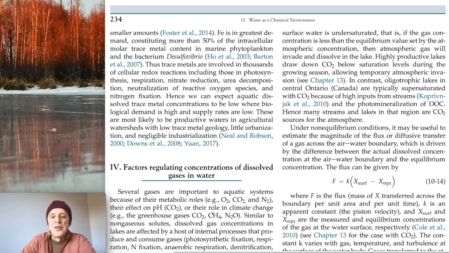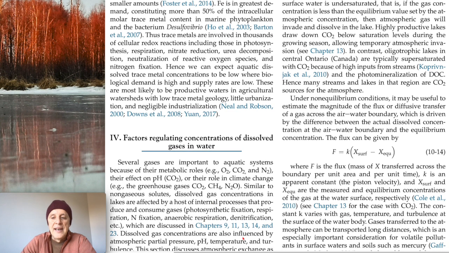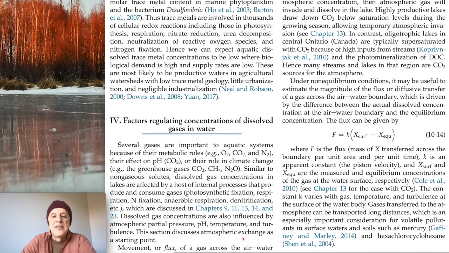Highly productive lakes draw down carbon dioxide below saturation levels during the growing season, allowing temporary atmospheric invasions. In contrast, oligotrophic lakes in central Ontario are typically supersaturated with carbon dioxide because of high inputs from streams and photomineralization of dissolved organic carbon. Hence, many streams and lakes in that region are CO2 sources for the atmosphere.